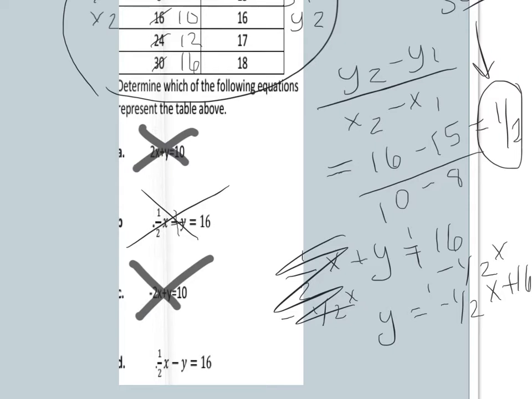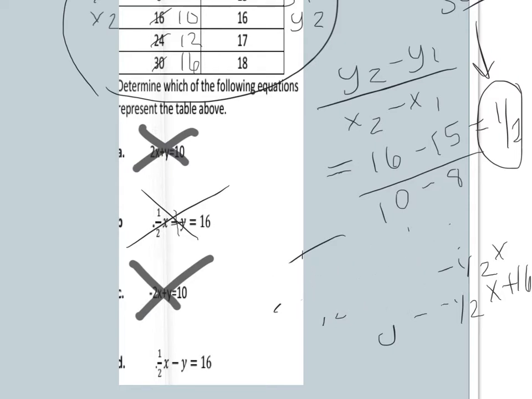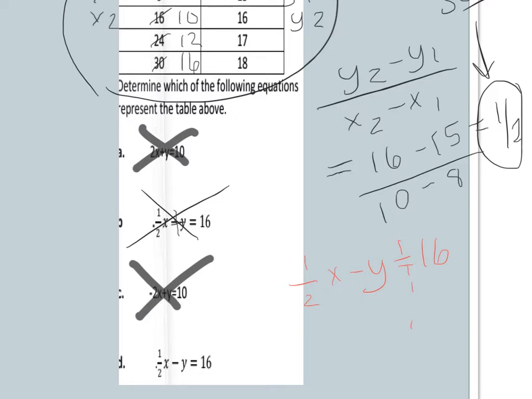So for C, I'm going to erase this problem that I had before that you should have already written. If you did not get to write it down, press pause and rewind, and then you can put it back on. So now I'm going to put 1/2 x minus y equals 16. I'm going to make my wall. And now I'm going to subtract 1/2 x just like I did before. So now I have negative y equals negative 1/2 x plus 16.